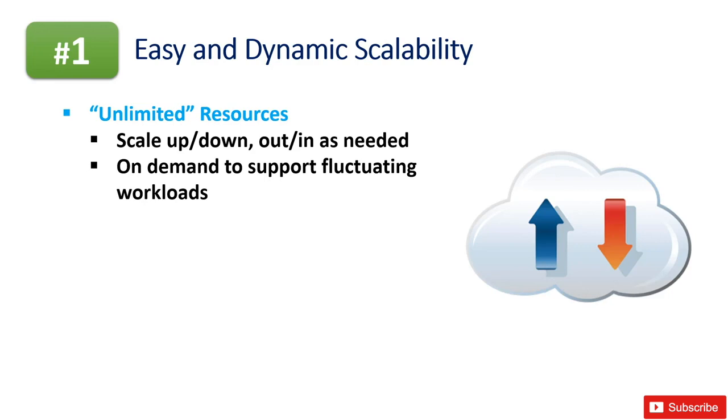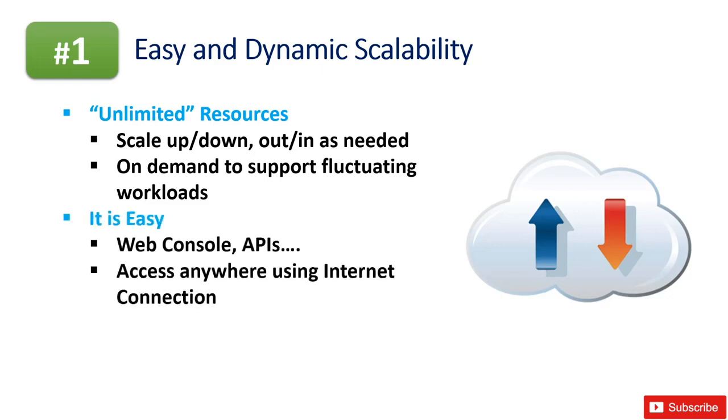We can scale up by using more powerful computing nodes, or scale out by adding more nodes into a distributed cluster, and everything is on demand when we need it to support fluctuating or newly evolving patterns of workload on our application. In addition, it is quite easy.